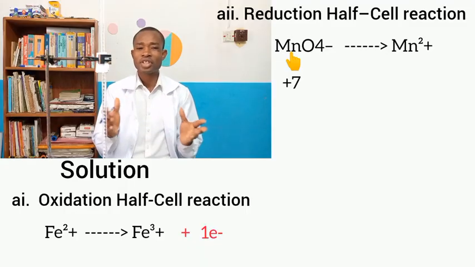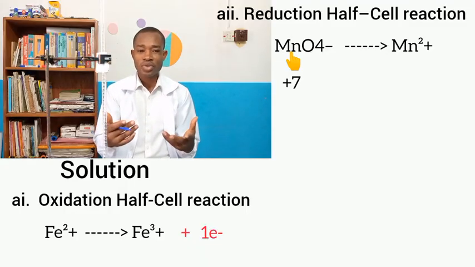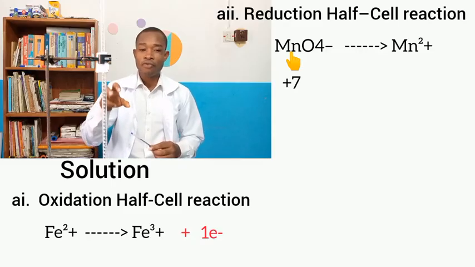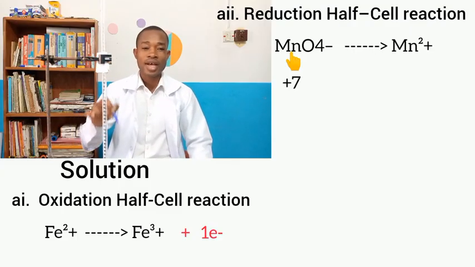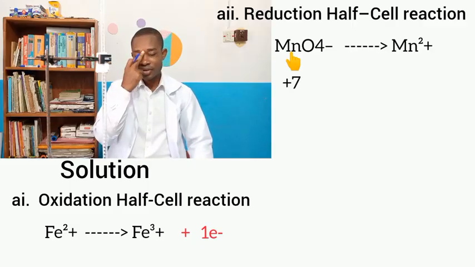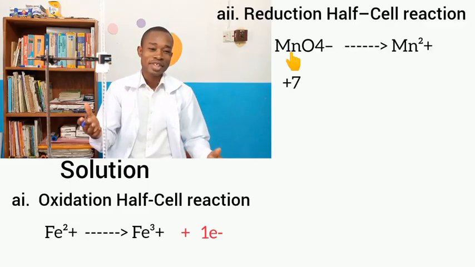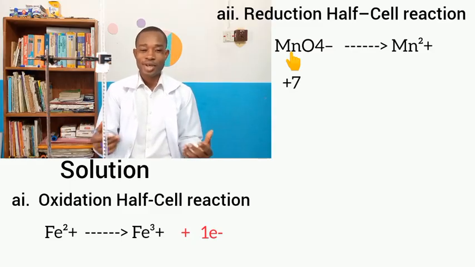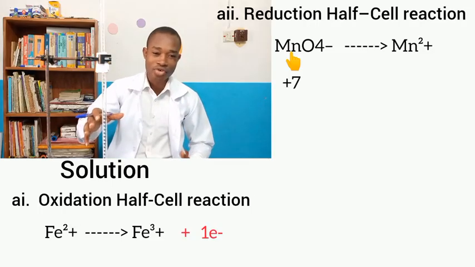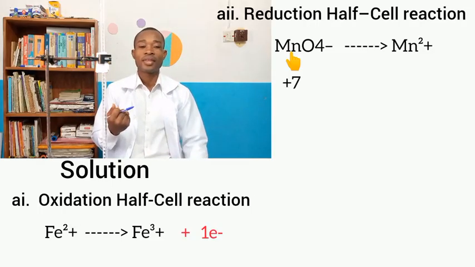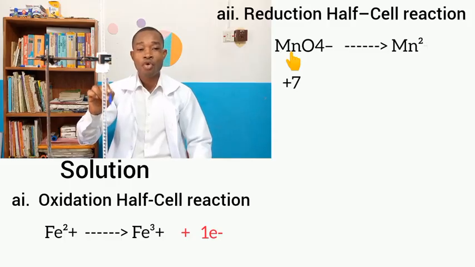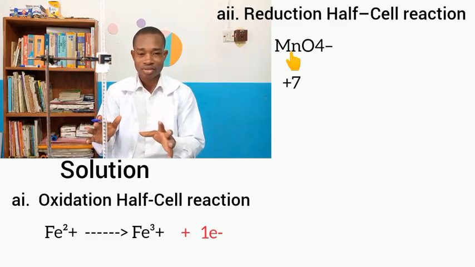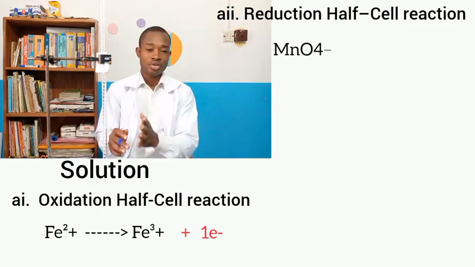Now, remember generally that in the titration process, water usually forms. And of course, because the MnO4 minus in the reactant has oxygen in it, to form the water, hydrogen needs to be introduced. And don't forget that reduction in terms of oxygen and hydrogen transfer is also defined as the introduction of hydrogen and removal of what? Oxygen. So because of the presence of oxygen in that oxidizing agent MnO4, which is undergoing reduction, hydrogen ion has to be introduced.